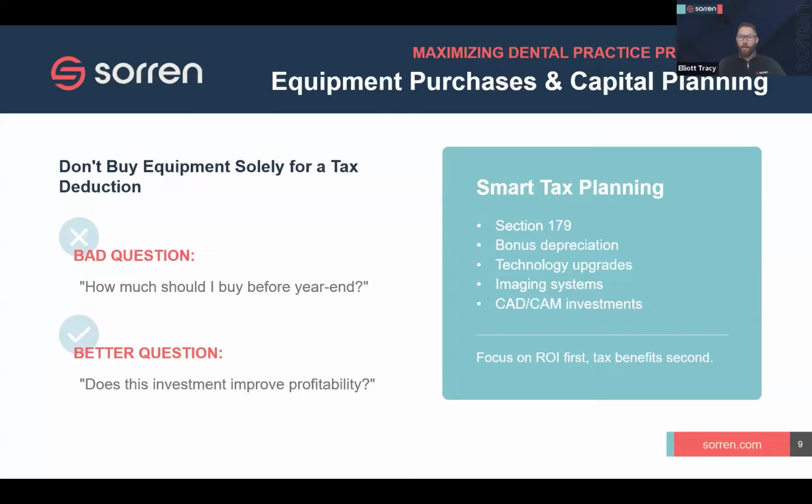And so a lot of times, we talk about smart tax planning. There's a lot of times where I may not take bonus depreciation or Section 179 and spread those assets out over a 5 year period, which is how long equipment is generally depreciated. Now you're looking at deductions for the first 5 to 6 years of a practice, which is more closely going to line up with this new debt you just accumulated in the practice.